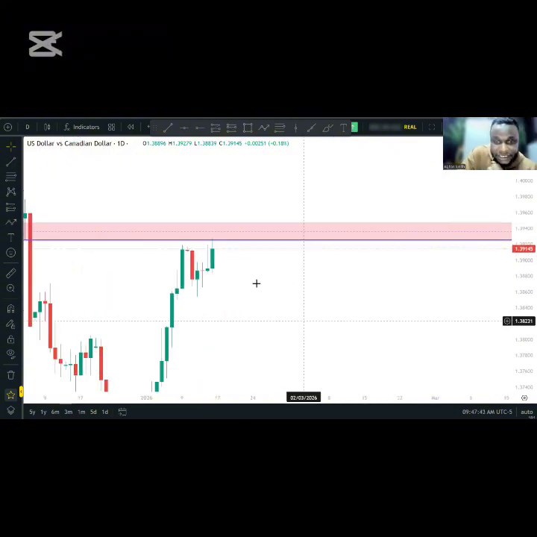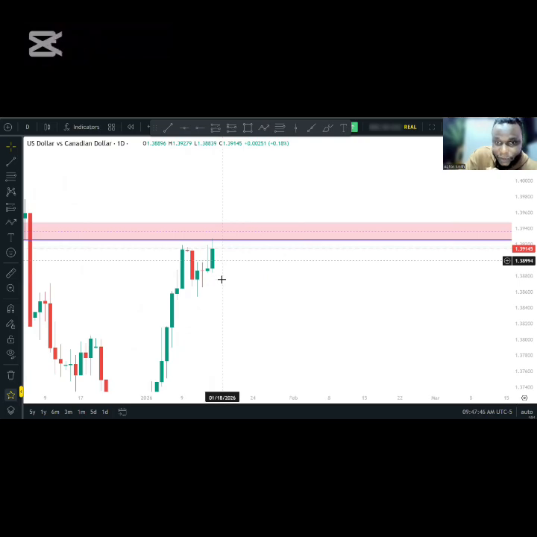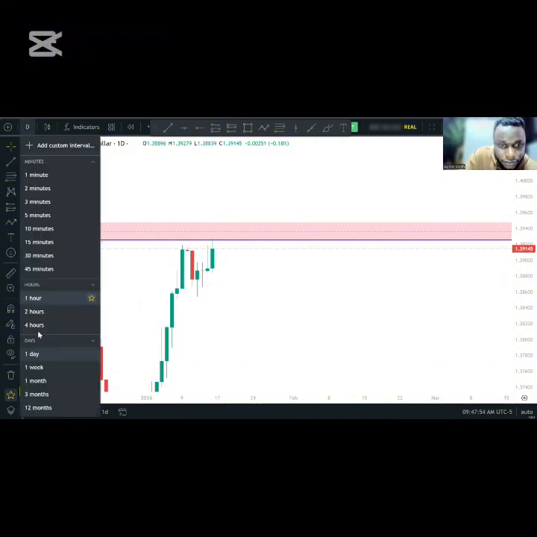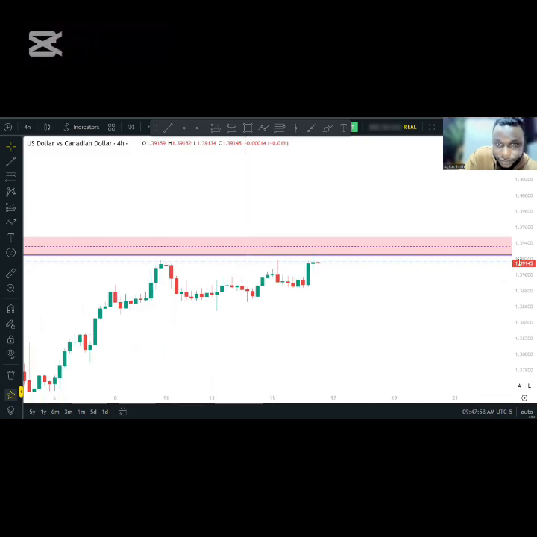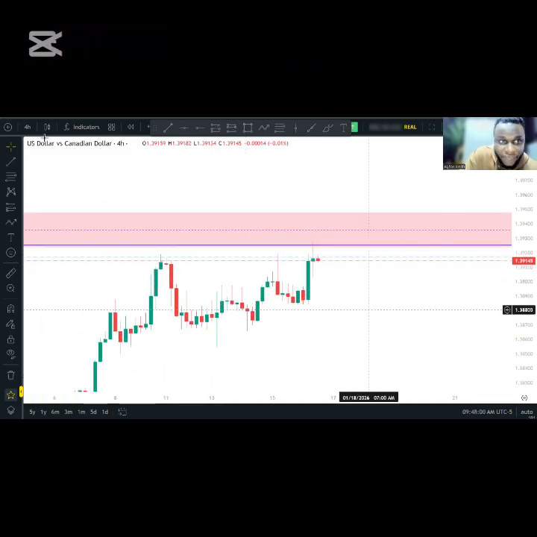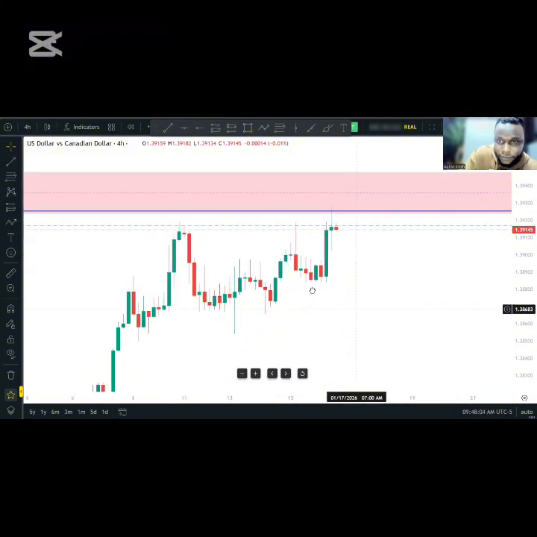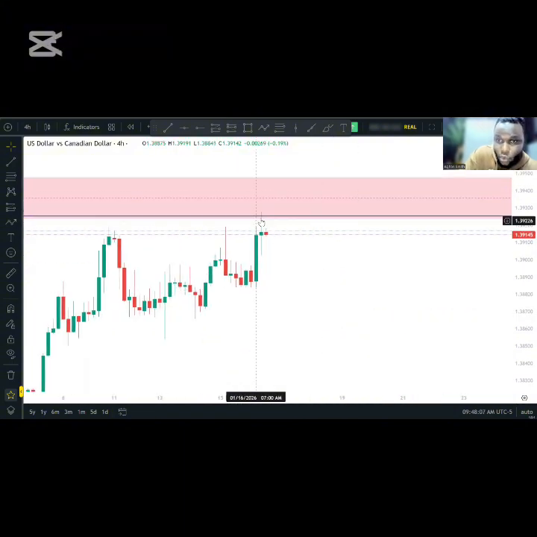That being said, now we're going to the daily, the 4-hour time frame to see how we're going to take our trade, where we should be expecting our trade from. Now, from the 4-hour time frame, as you can see, we've had this rejection from this level.